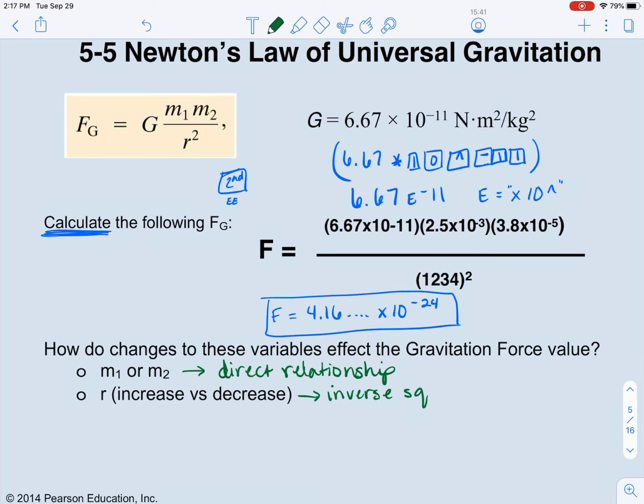Inverse square. So if we are going to take our radius, and let's say we're going to cut our radius in half. If the value for G doesn't change, it can be represented as a 1. It's the same as the original number. And each of our masses don't change, so they're essentially a 1.